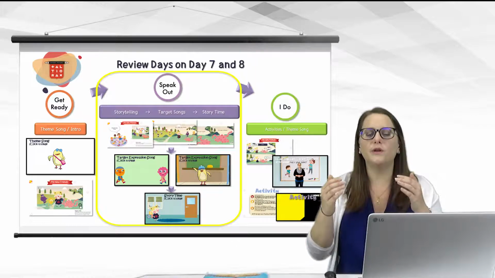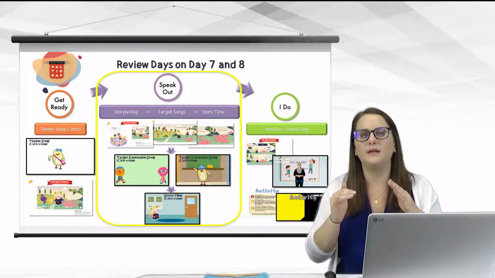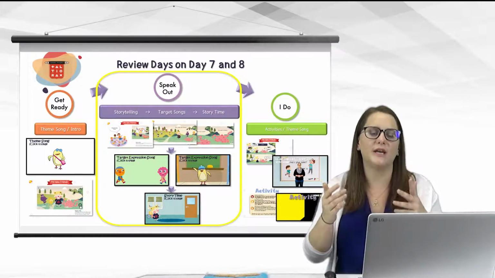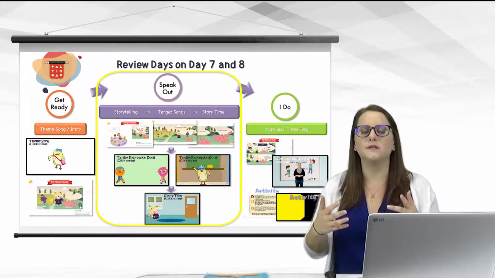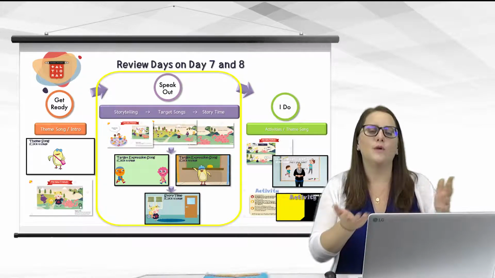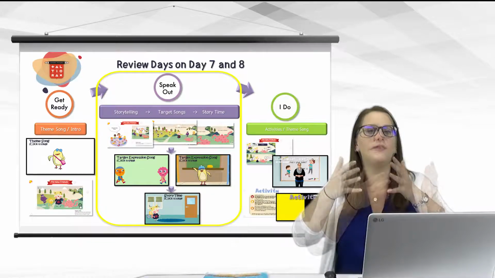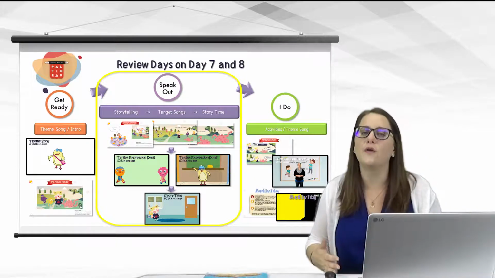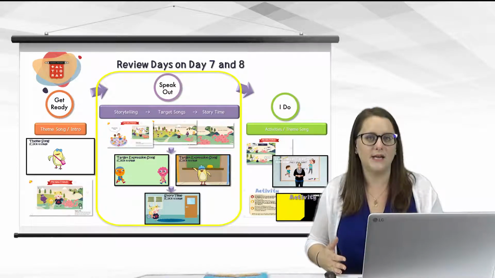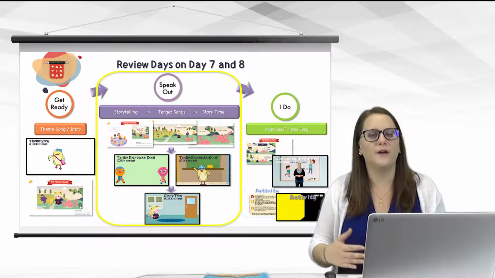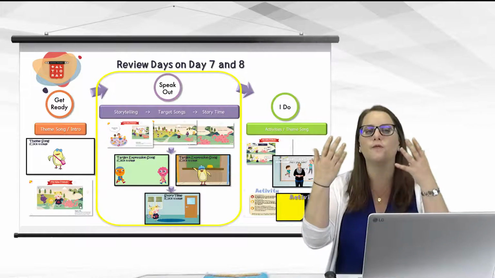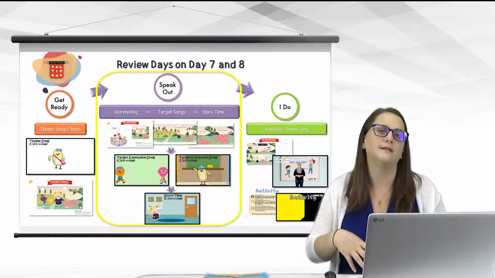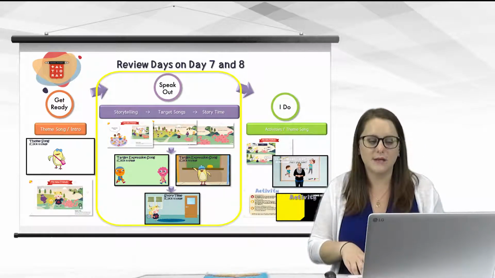A really good checkpoint at this time is to see if the kids can catch on to these songs a little bit quicker than they've done with previous songs, because they should know these expressions and vocabulary on these days. These are just quick, fun reviews, and also for you to check their progress up until this point.